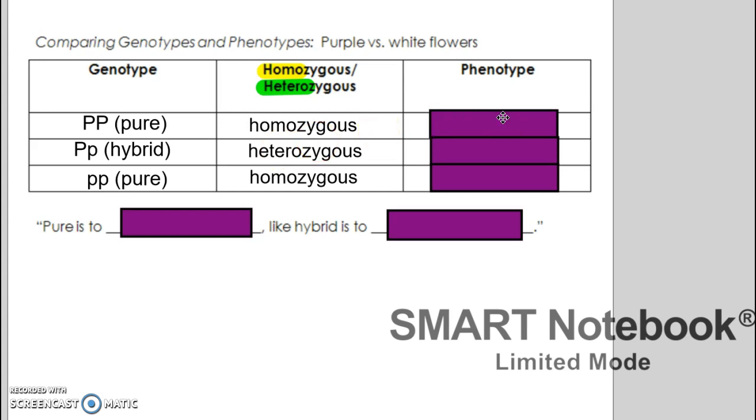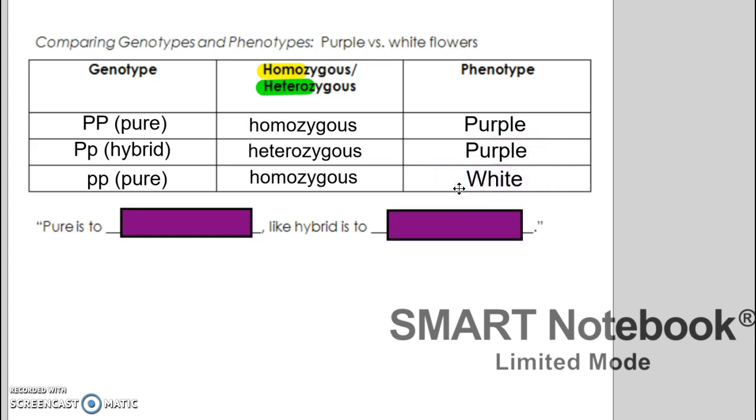So in terms of phenotype, what are these particular flowers going to look like? If you have capital P, or big P, that's going to give you a purple flower color. If you have big P with little p, it's also going to give you a purple flower color. You get a different flower color from little p, because that's your recessive, okay?